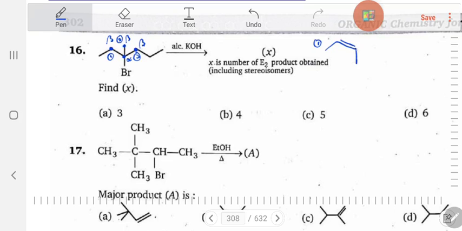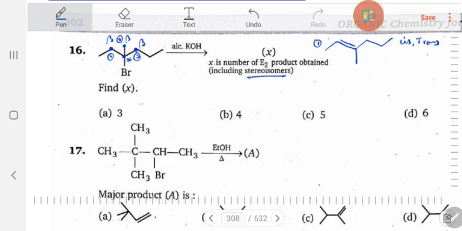Right, there is a methyl group, Br is lost, and this is the propyl group. So here there will be two isomers possible, cis form and trans form, because we need to include stereoisomers also. So both methyls on the same side is cis form, both methyls on opposite sides is trans form.